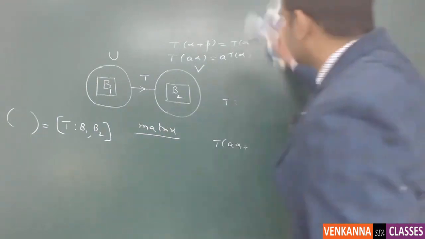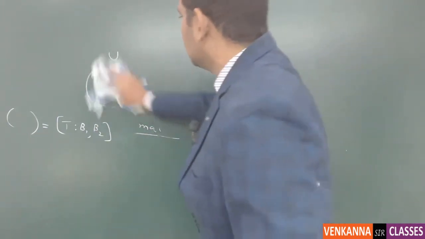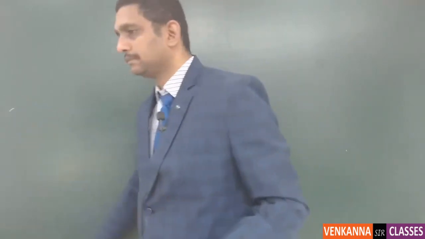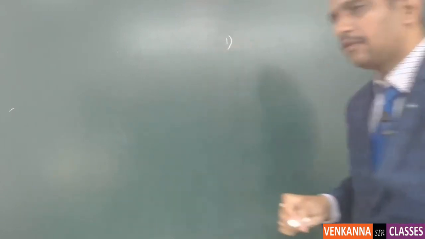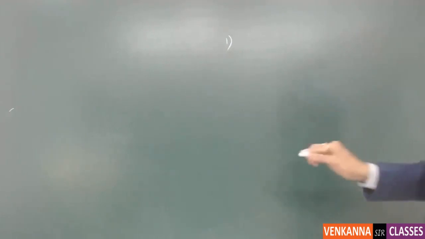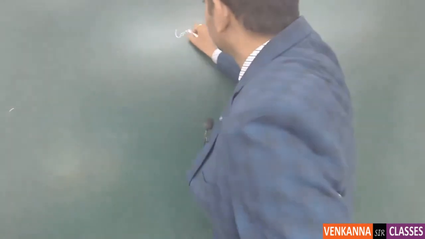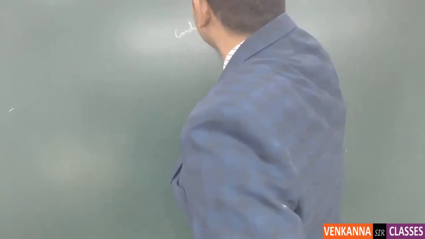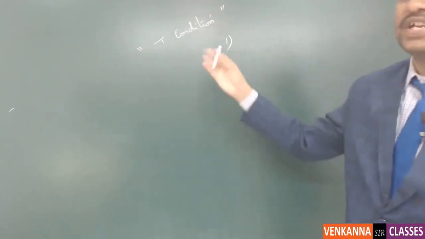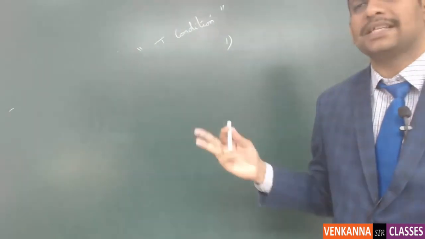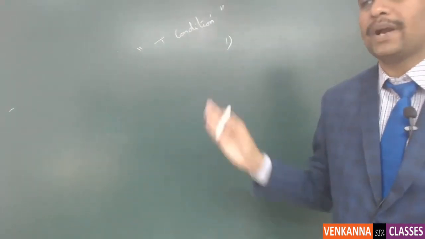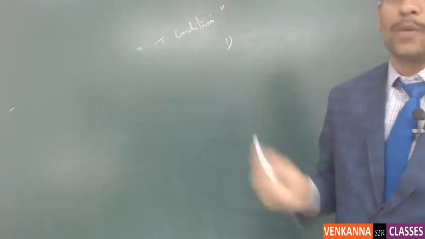Now what is the procedure to determine the matrix of T? The first part is, for every transformation you have a condition, say T of (x, y, z) is equal to something, and you should have two bases, one basis for the domain and the other basis for the codomain.